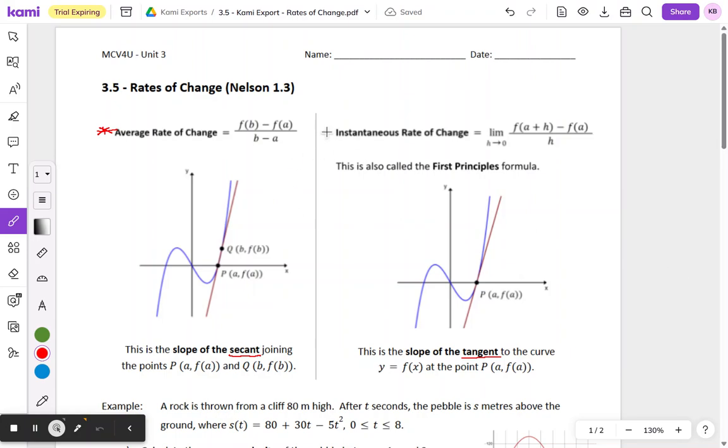So the new thing we did with calculus, with limits, is this instantaneous rate of change, okay? And that's with the slope of the tangent at a specific point, okay?